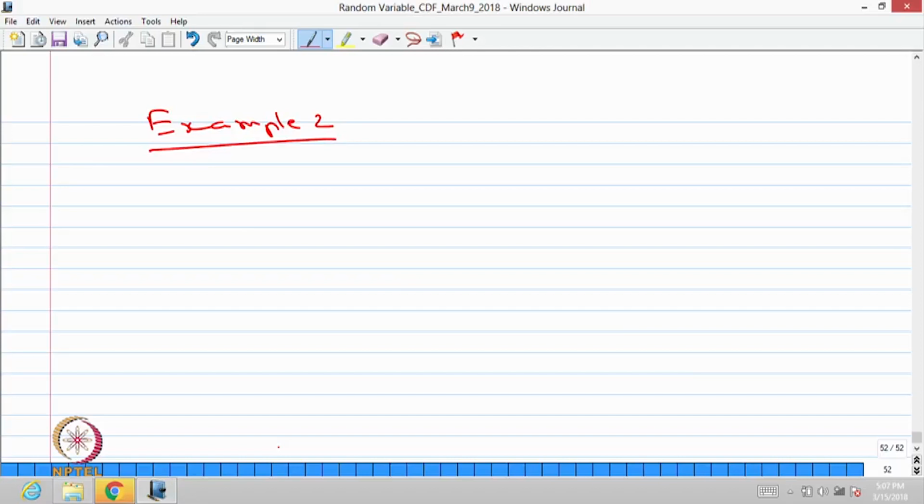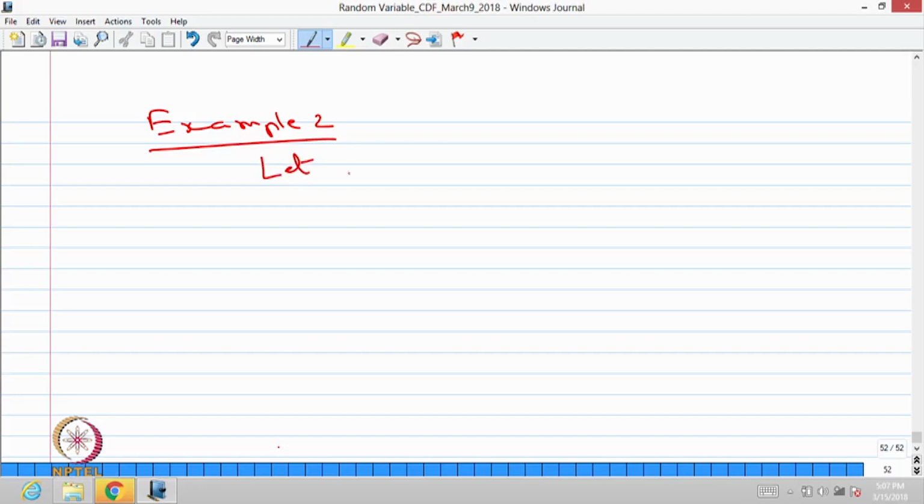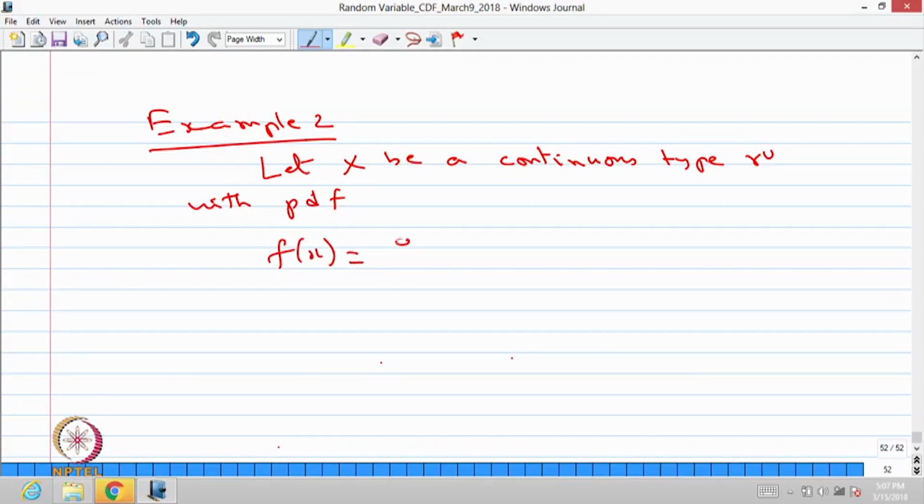Let us go for an example finding the MGF. Let X be a continuous type random variable with probability density function f of x is 2 times e power minus 2x when x lies between 0 and infinity, 0 otherwise.